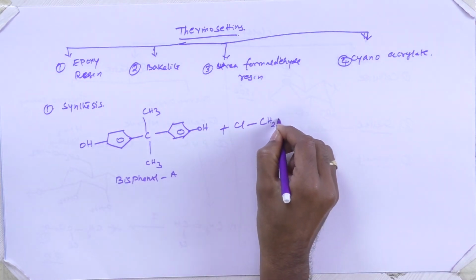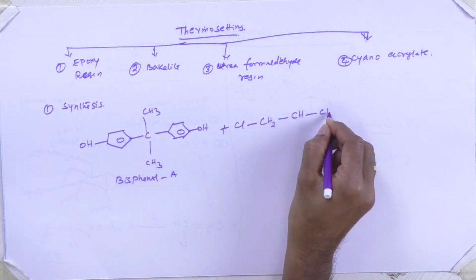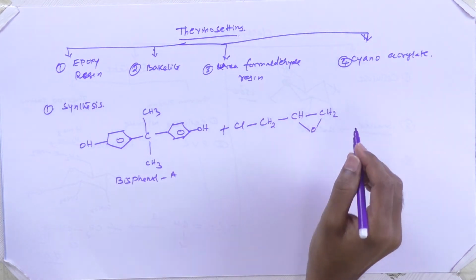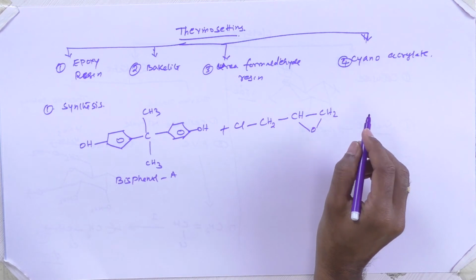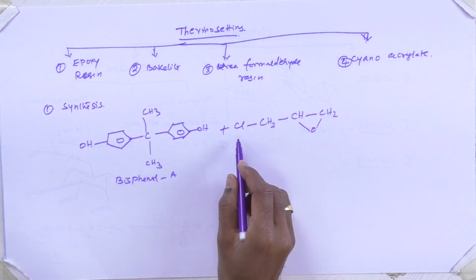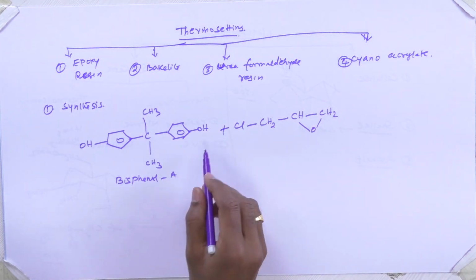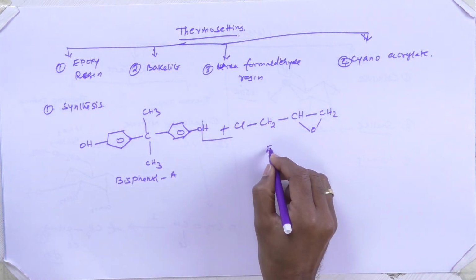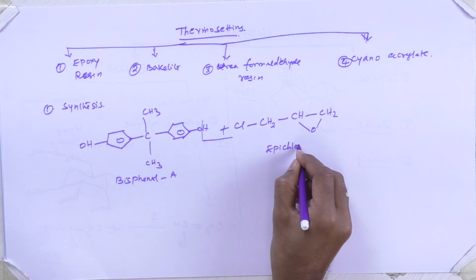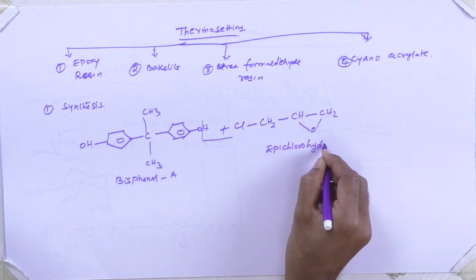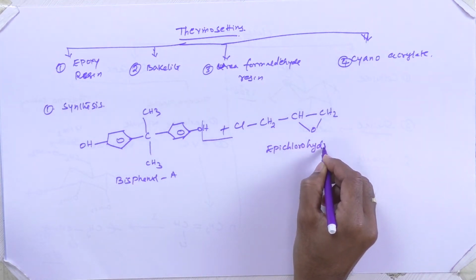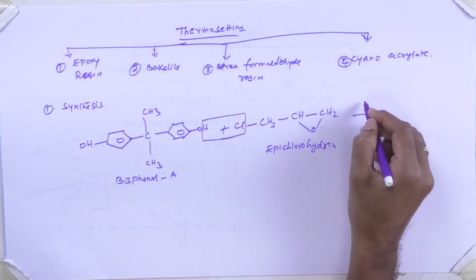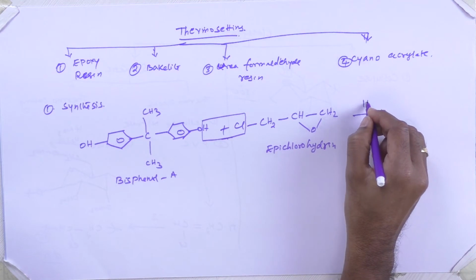epichlorohydrin, CH2. This is a three-membered ring chlorinated hydrocarbon. When this three-membered chlorinated hydrocarbon is allowed to react with bisphenol A, epichlorohydrin, hydrogen is allowed to react with this compound in the presence of acid catalyst H+.